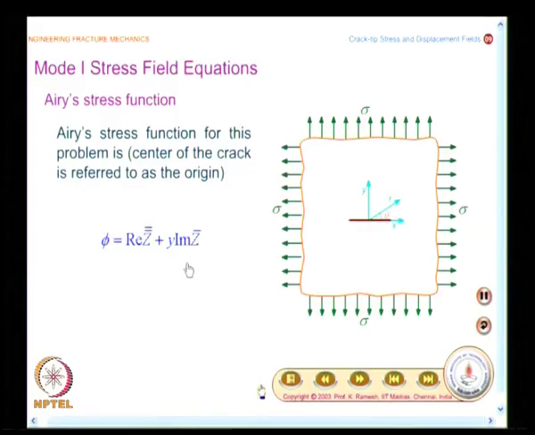In fact, in our earlier discussion on review of theory of elasticity, I just focused on certain salient aspects. I have not gone into the details of it. Now, when we take the problem of a crack, we would investigate whether the function phi satisfies the biharmonic equation or not.